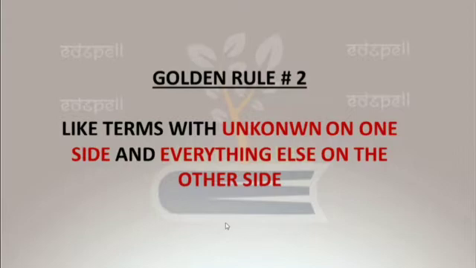So to do this, you need to collect like terms together on one side of the equal to sign with a process called collecting like terms, and rest of the other terms will be on the other side. So remember, only the unknown will be on one side, everything else will be on the other side. This is golden rule number 2.